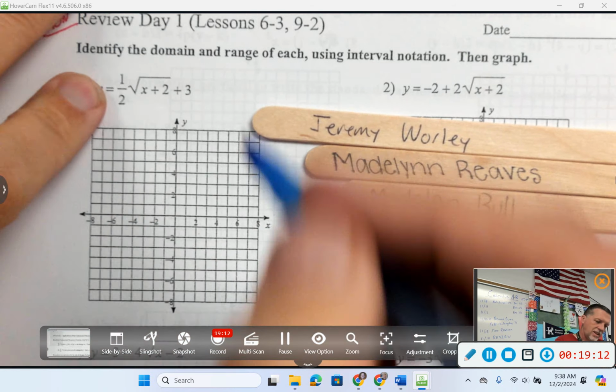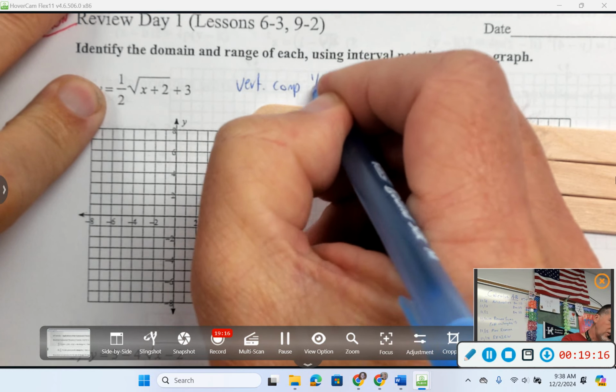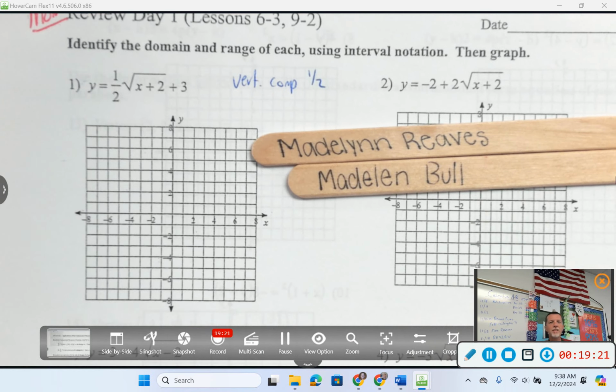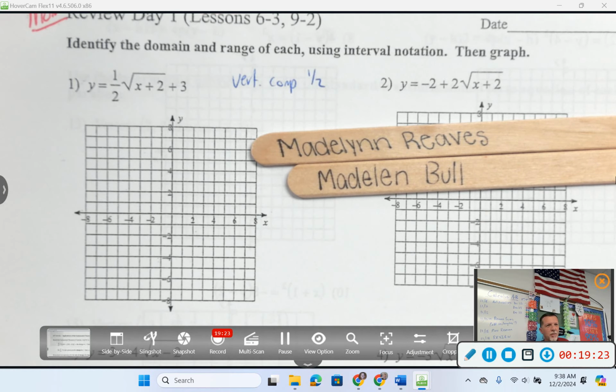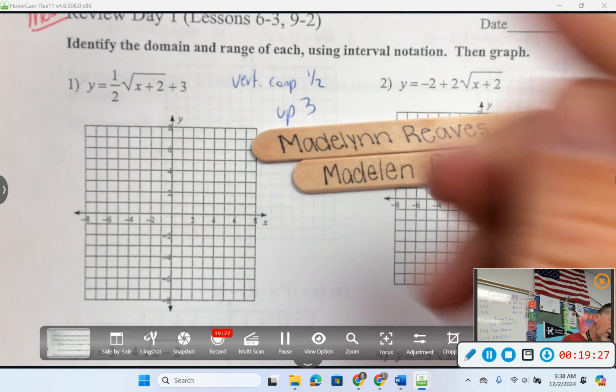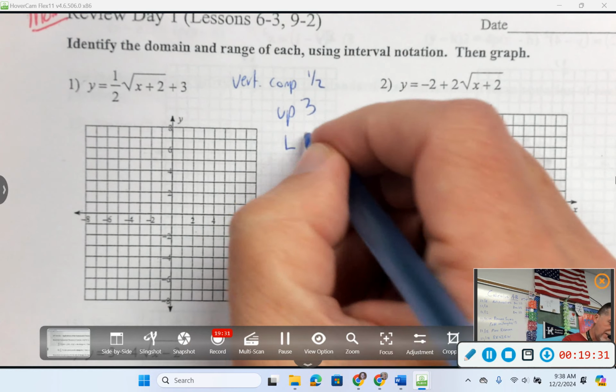Compression. All right, so vertical compression of 1/2. Madeline Reeves, tell me something else that has happened. It goes up 3. And Madeline Bull, what else has happened? To the left 2.